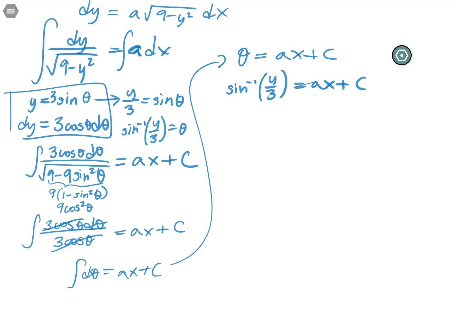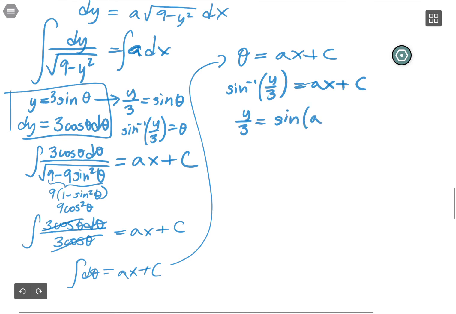If I want to solve for y, to get rid of an inverse sine, I would have to take the sine of both sides. See? And then I need to multiply by 3. And I'm done.